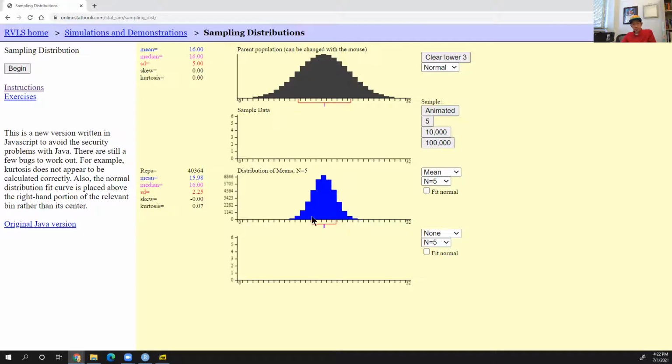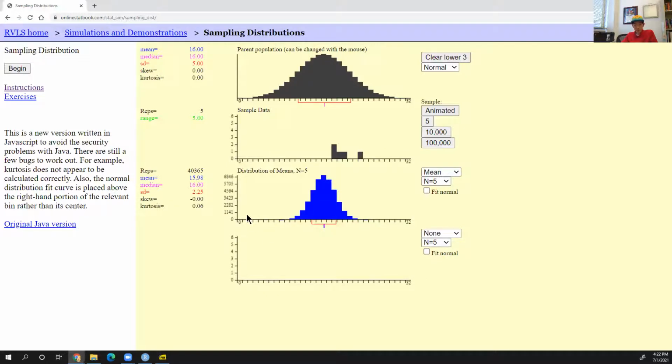This ends up being the distribution of different sample means, okay? So again, each time we've drawn a random sample of 5 values, and we dropped a sample mean into our sampling distribution. And so what we see is that values near the center, 15, 16, 17, those happen frequently.